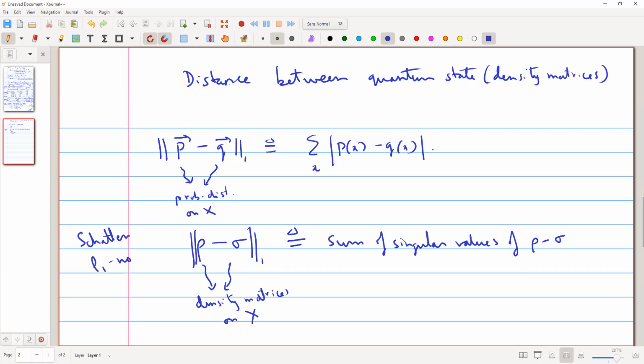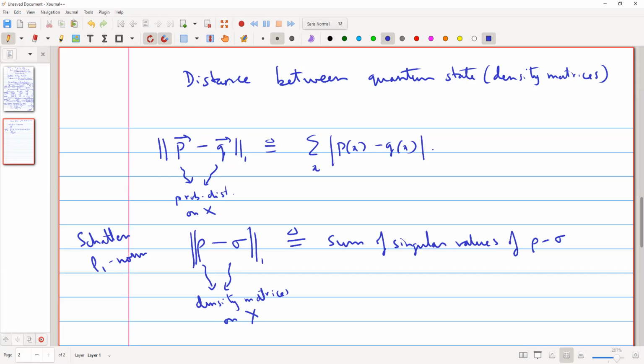In general, the Schatten norms are defined by taking a matrix, looking at its singular values, and taking the L1 or L2 norm, whatever norm you want, of that. So this is the L1 norm of the singular values of the matrix rho minus sigma, and singular values are by definition positive, so it's just the sum of singular values of rho minus sigma.